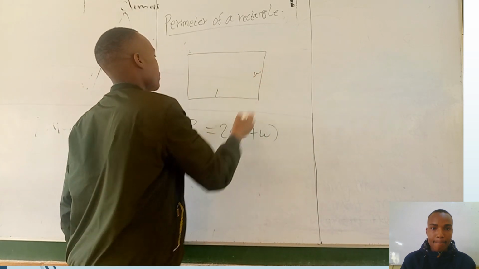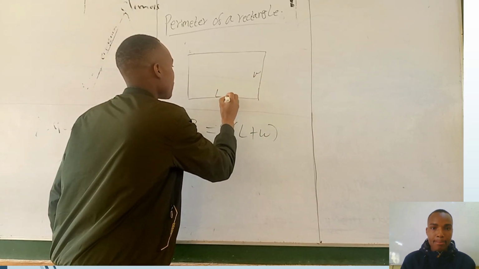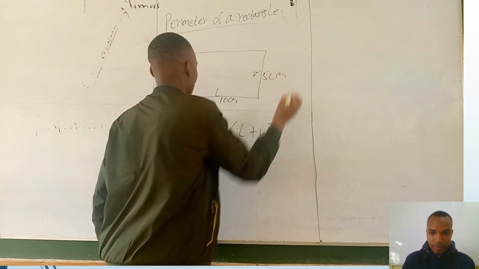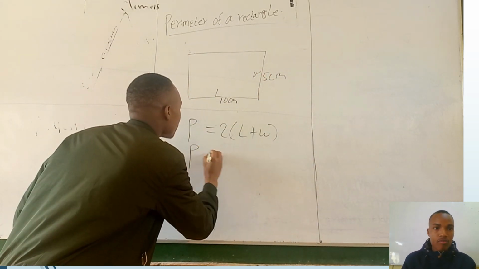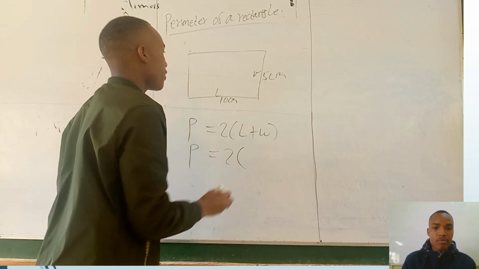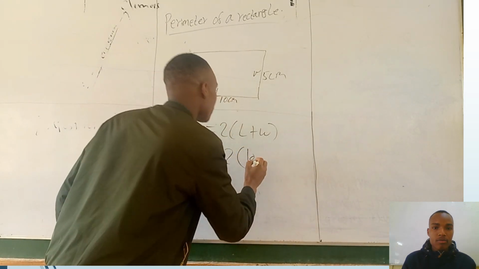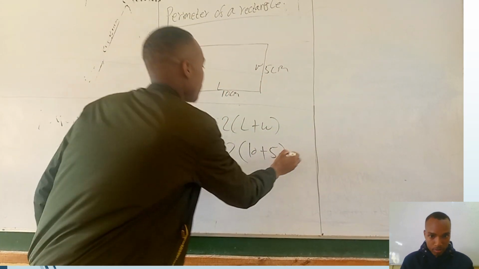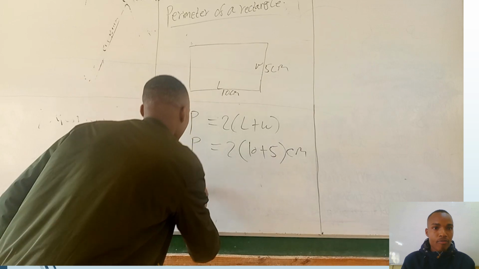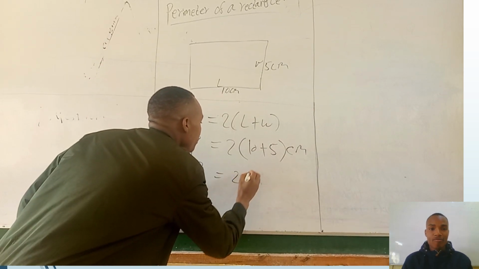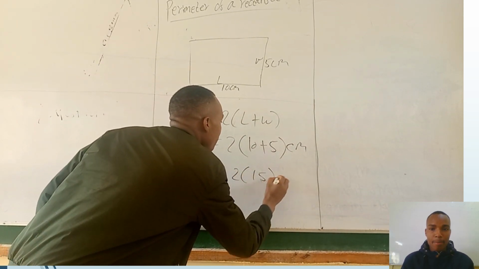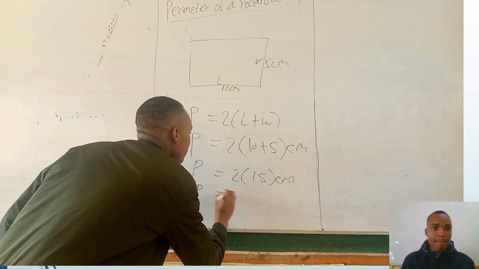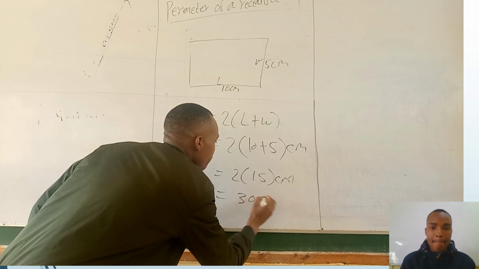The length will be 10 centimeters and the width will be 5 centimeters. So perimeter is equal to 2 into length, which is 10, plus width, which is 5 centimeters. So perimeter now is equal to 2 into 15 centimeters. So perimeter is equal to 30 centimeters.